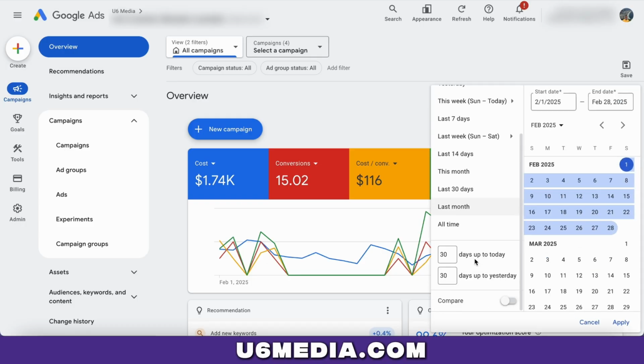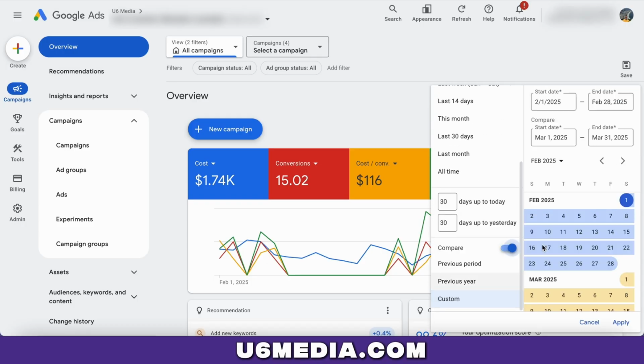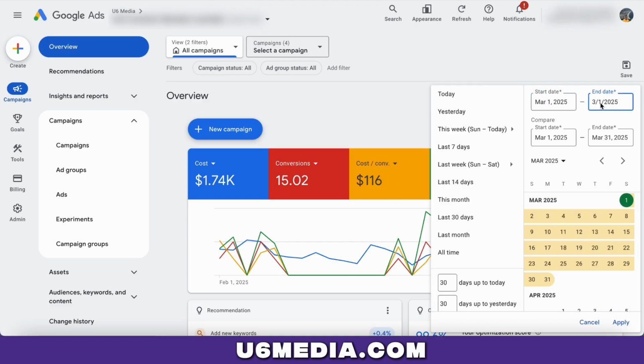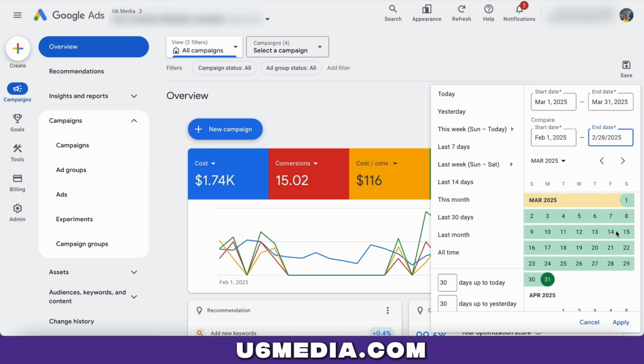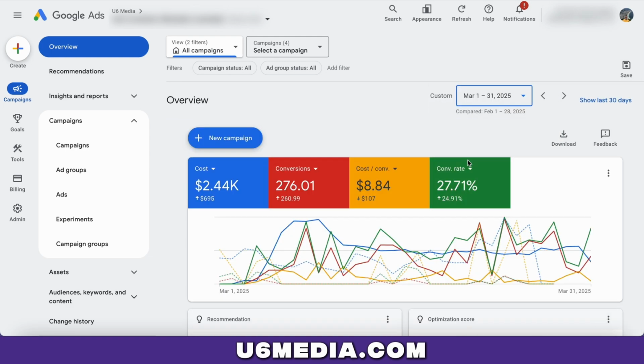I'll just do a quick comparison here from February to March. February has 28 days, I believe. So look at this.